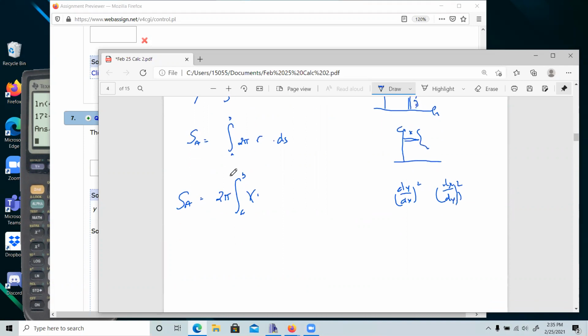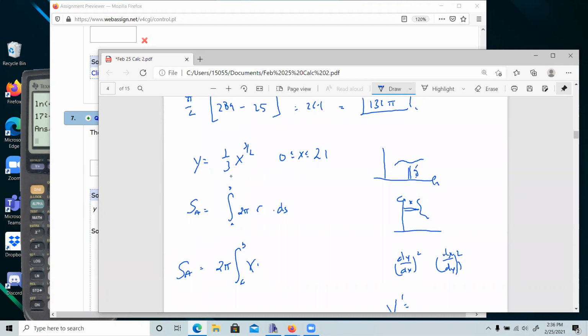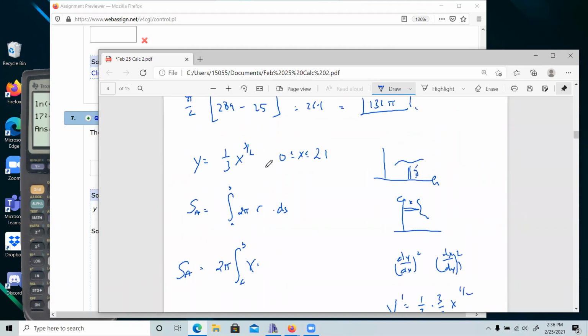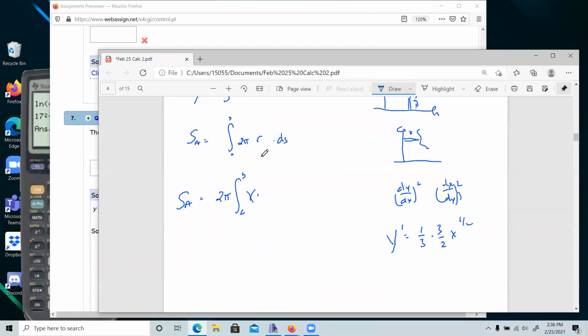Okay, so what is y prime? Y prime is 1/3 times 3/2 x to the 1/2. It's almost like the last problem we did, isn't it? Okay, so that cancels. So we end up with 1/2 x to the 1/2.